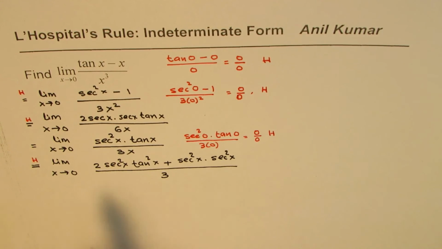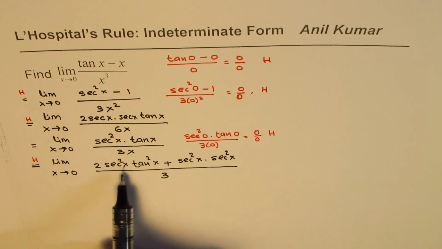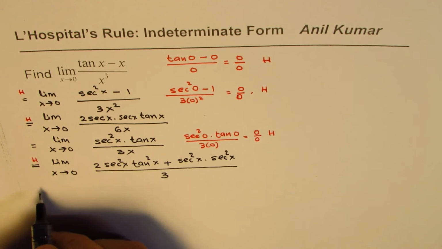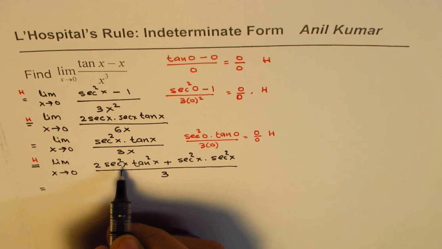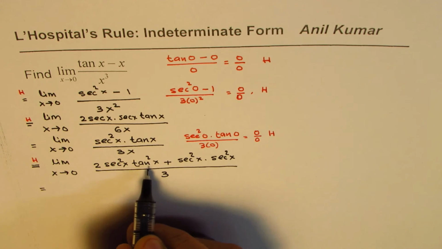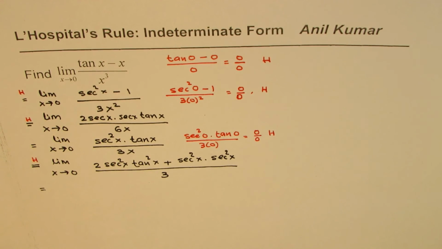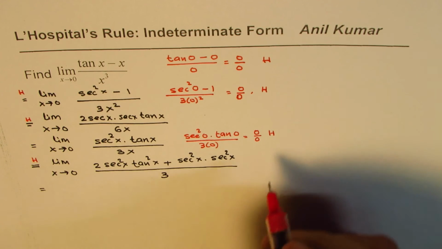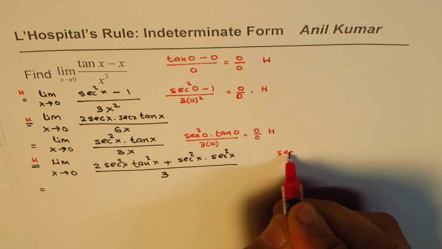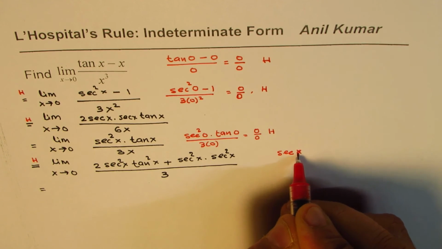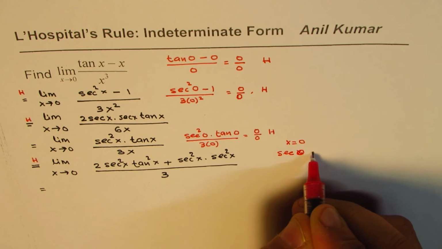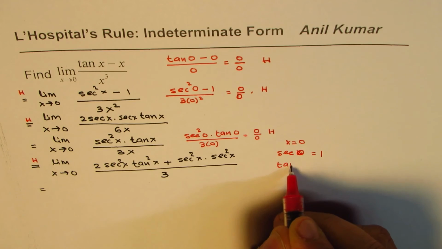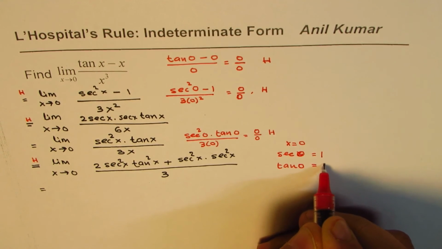Now here, if I apply x equals 0, what do I get? So if I do x equals 0, this part is 1, but tan square x is 0, right? So we know that secant 0 will be 1, but tan 0 will be 0.